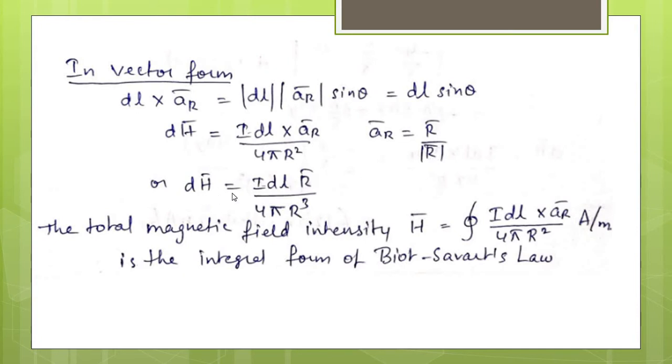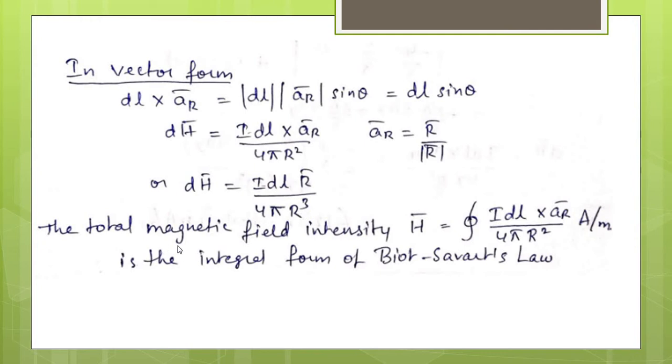So dH is equal to I dl, then in place of ar write r by magnitude of r. Already here we have 4 pi r square, along with this r is also appearing at this point, so we get r cube in the denominator. This is the expression for the differential magnetic field intensity, which is equal to I dl into r divided by 4 pi r cube.